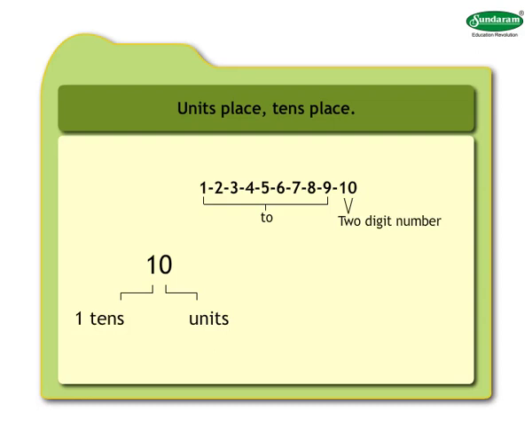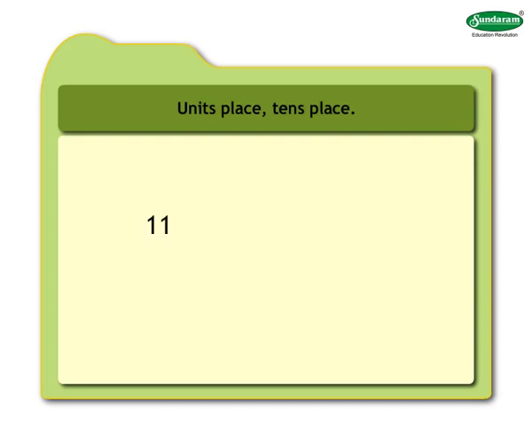Thus, in a two-digit number, the digit to the right is the units place digit and the digit to the left is the tens place digit. Thus, in 11, there is 1 unit and 1 ten.